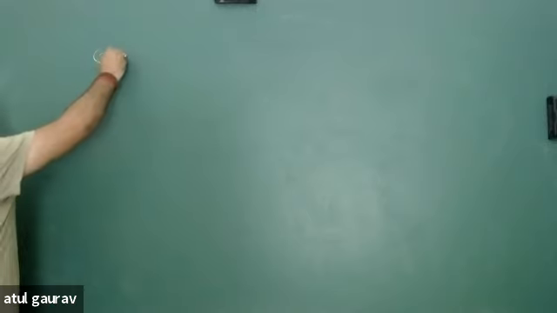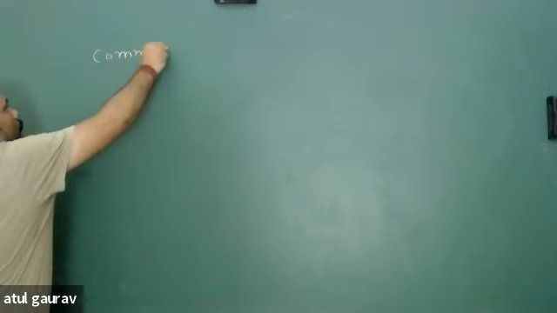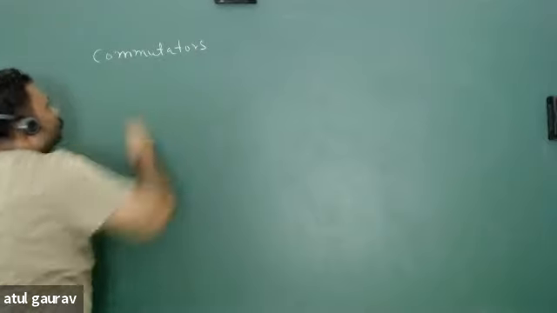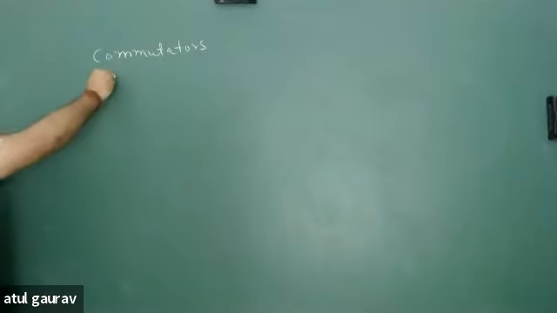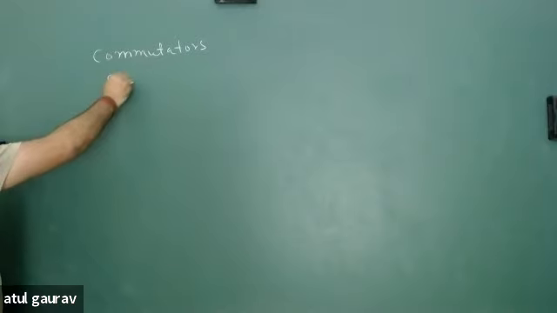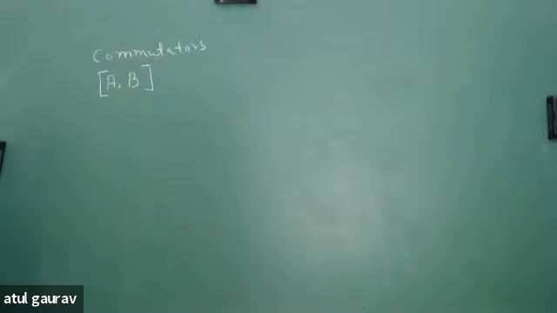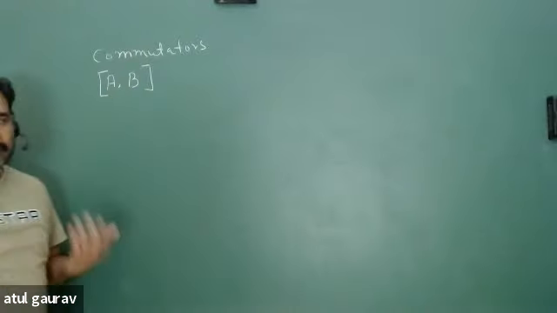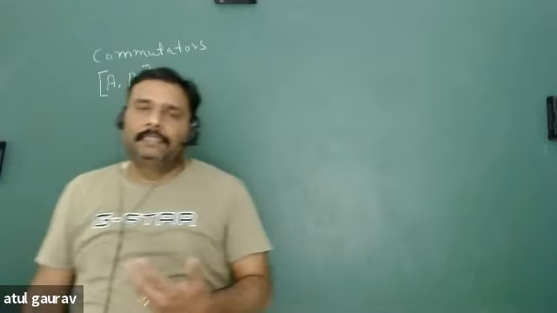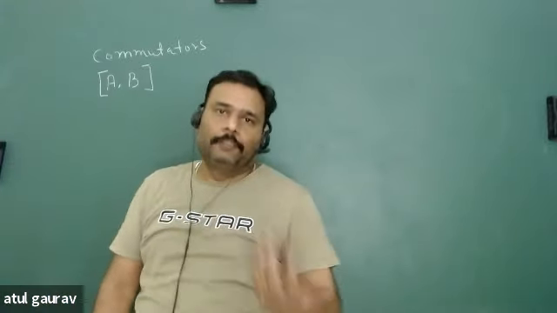So let's try to go for commutators. Suppose you have two operators, let's say A and B. Obviously we have done our classical mechanics, so this thing analogically comes from the Poisson bracket.